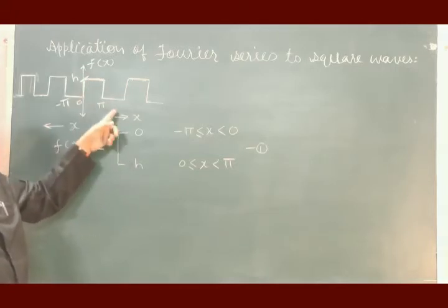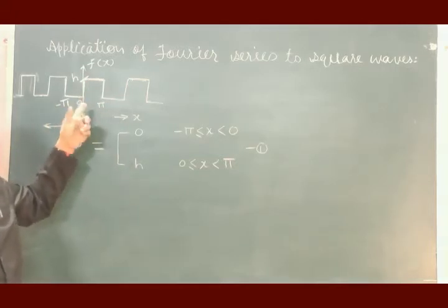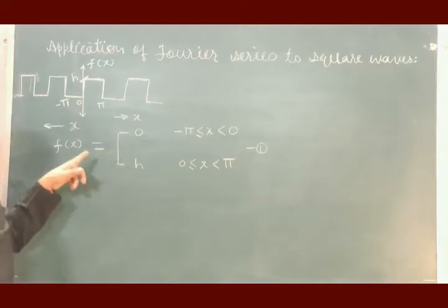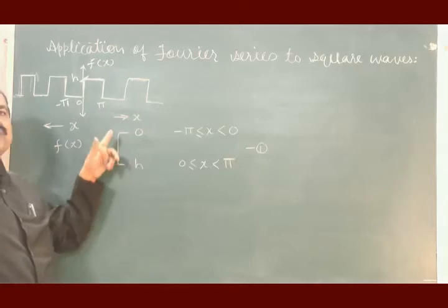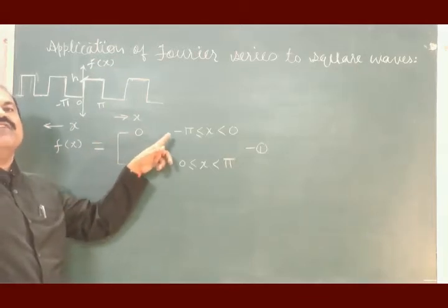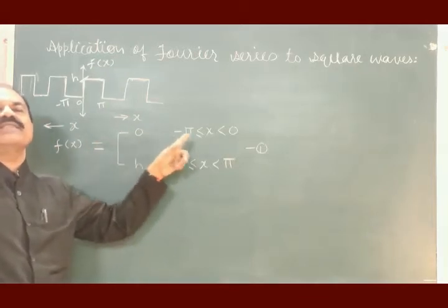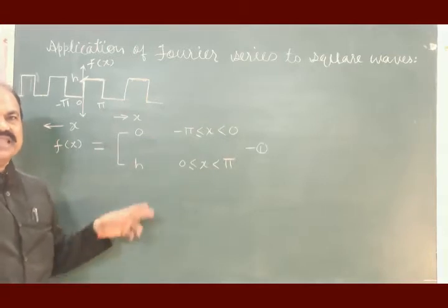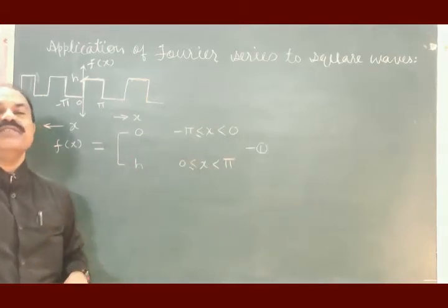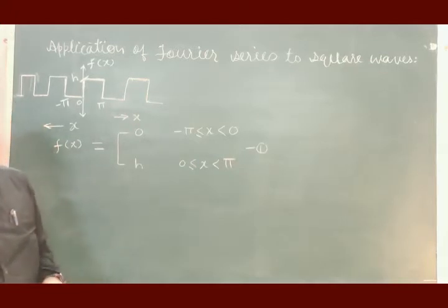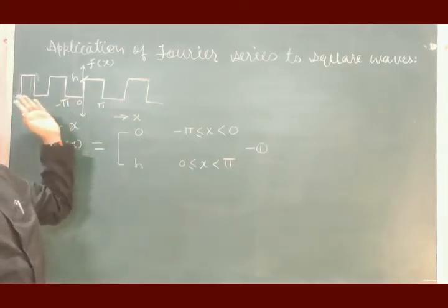So the square wave shown in this figure is represented as function f of x is equal to 0 when value of x is between minus pi and 0, and is equal to h when value of x is between 0 and pi, which is clear from this figure.